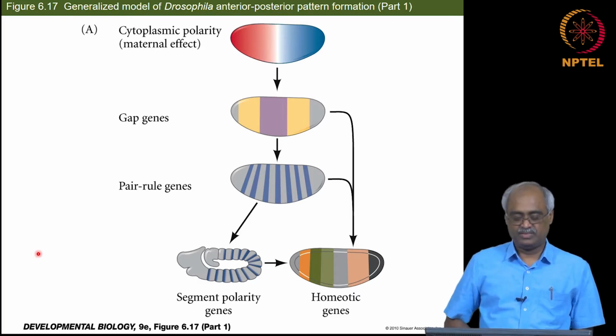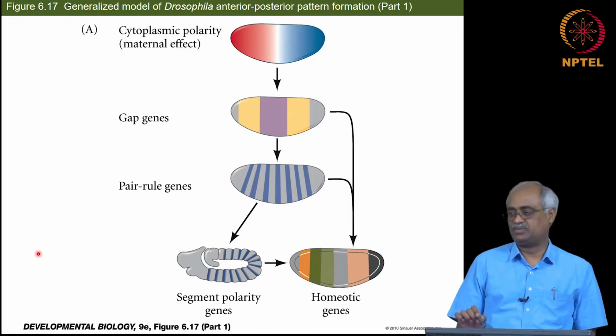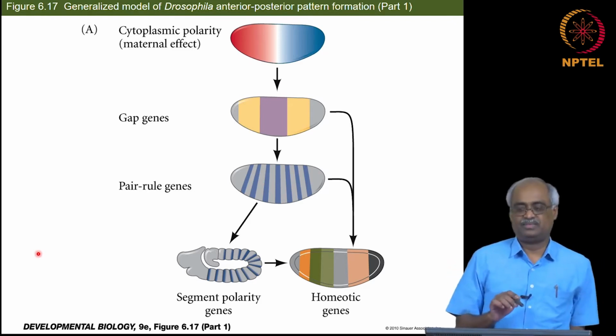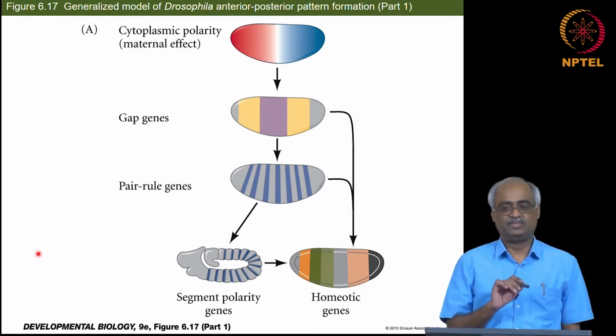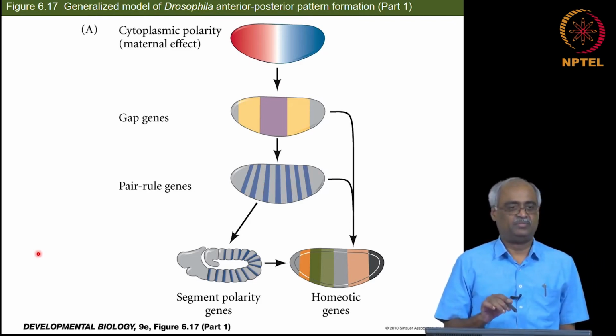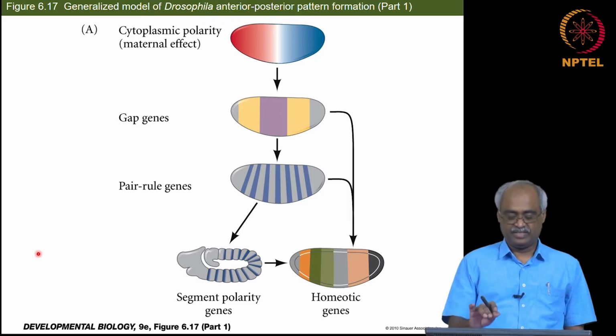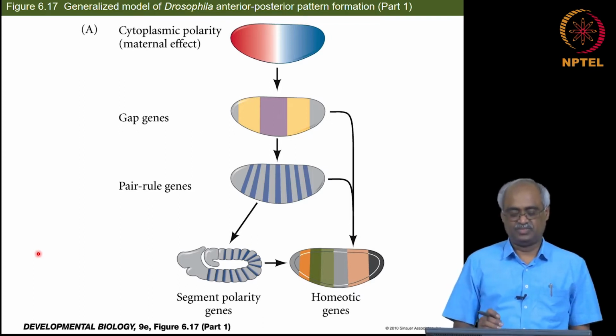The first asymmetry starts with the maternal factors, meaning these are products of the maternal germline, and they have already come either as protein or mRNA into the new generation, the new embryo. How they are going to be asymmetrically localized is the first part, and that is what determines the next set of genes.